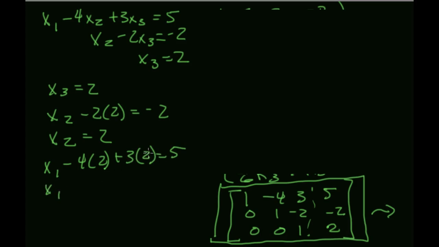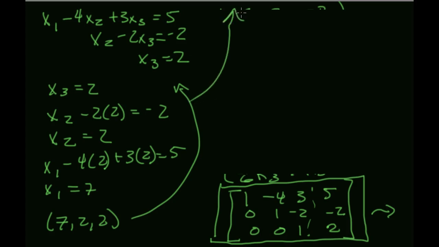So this is going to be 6, 6 minus 8 is -2. Add 2 to both sides. x1 is going to be 7. So this means that 7, 2, 2 is the solution to that system of equations. And because this was determined by row operations, it's the solution also to our original system of equations.